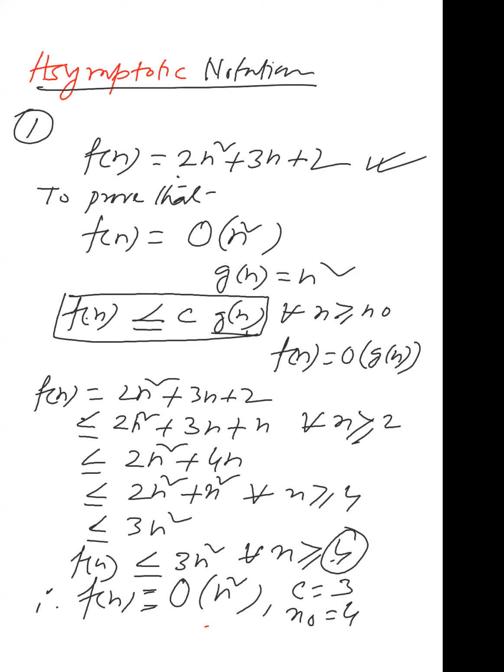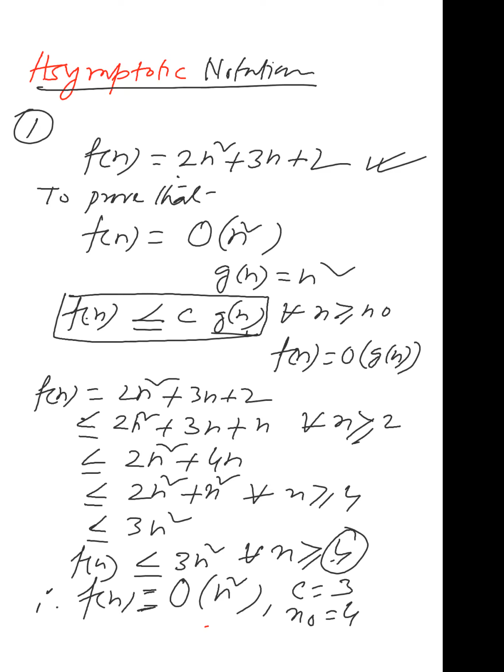In this way we can find the time complexity of any function, maybe a quadratic, exponential or cubic function. The method is the same. If you have knowledge of inequality, you can easily find the time complexity of any function in the form of big O notation. So big O of n square.